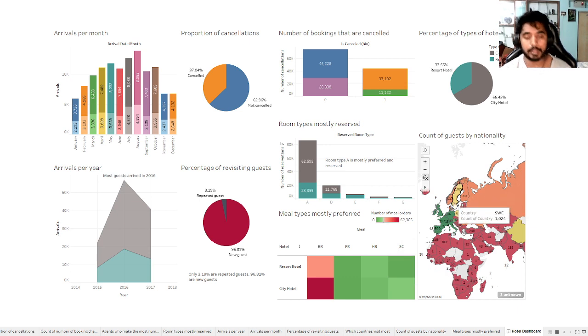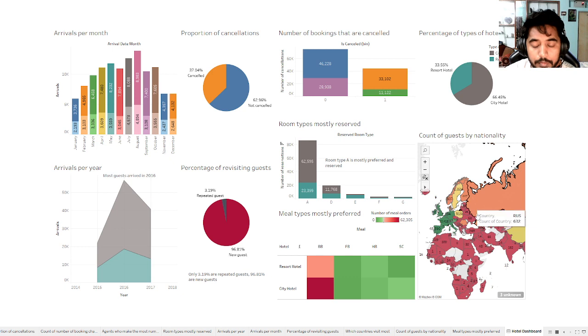In our final chart, we are seeing a map chart. In this map chart, we are seeing the number of guests that arrived from each nationality. The most guests arrived from Portugal, which is 48,590, followed by other European countries like France, Great Britain, and Netherlands.